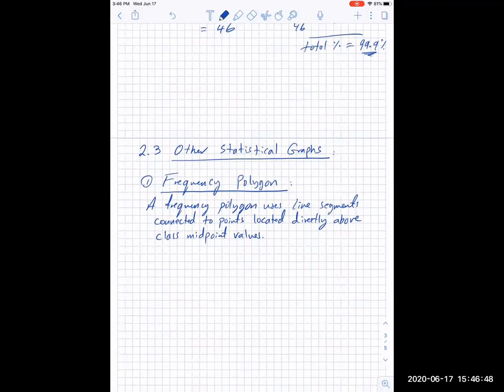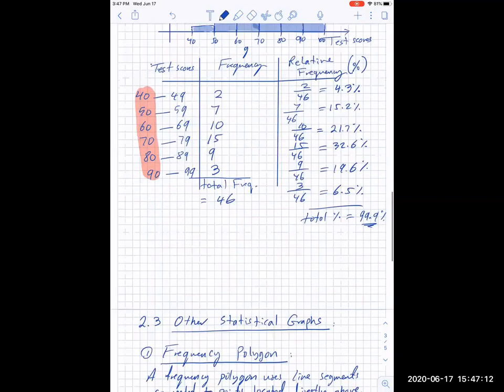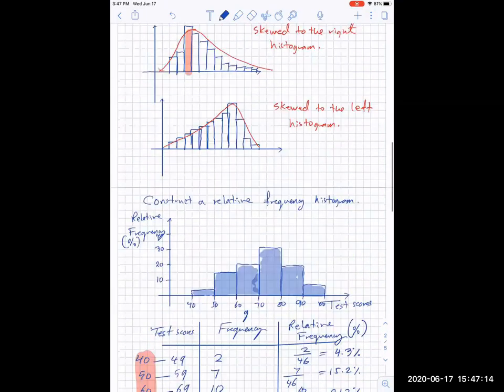A frequency polygon is very similar to a histogram, but instead of drawing bars, we're going to use just line segments and connect the midpoints of the classes instead of the bars. So let me explain again, using the same frequency table that I have.